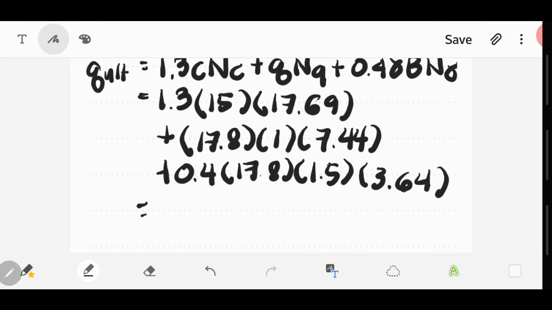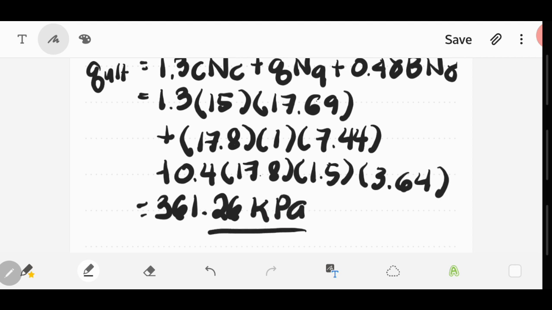Your q ultimate is computed as 361.26 kilopascal. This is for general shear failure.